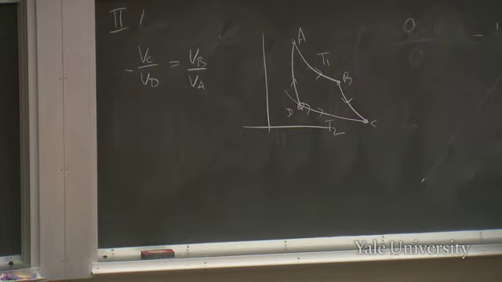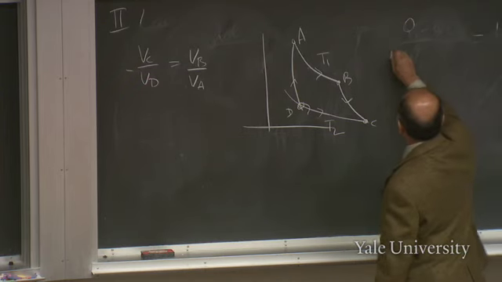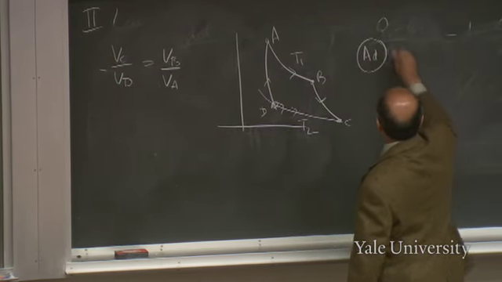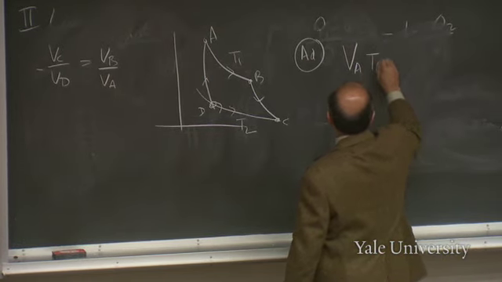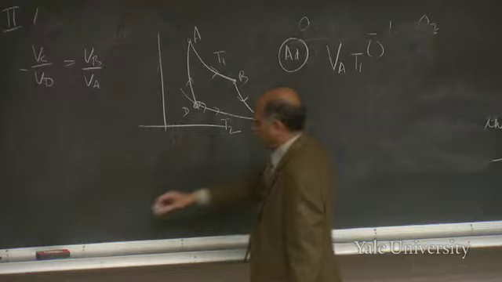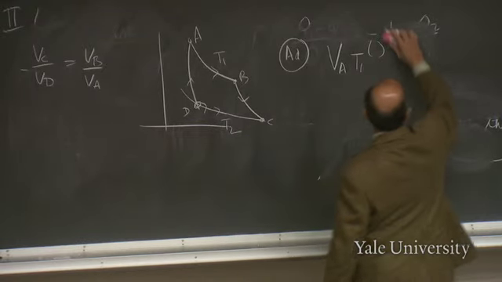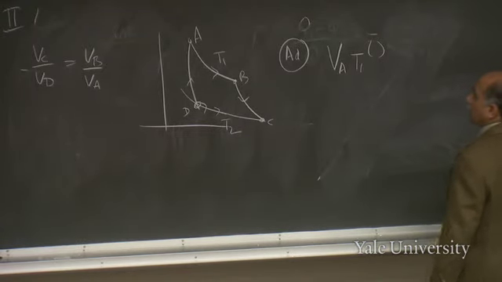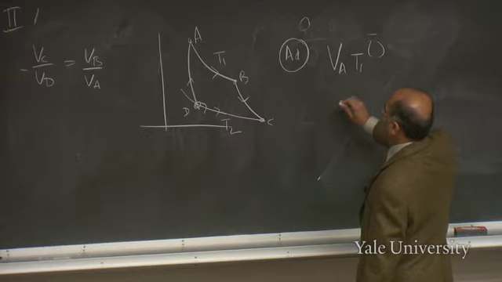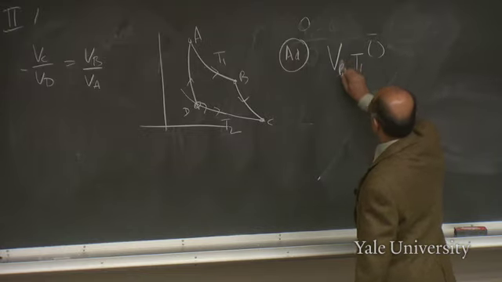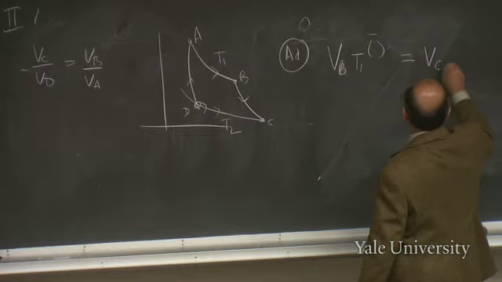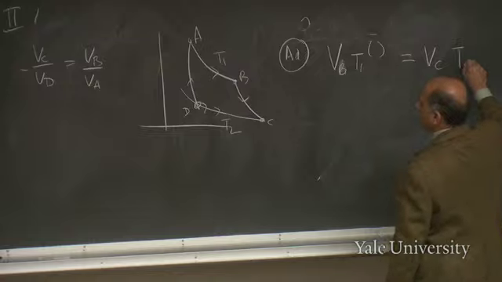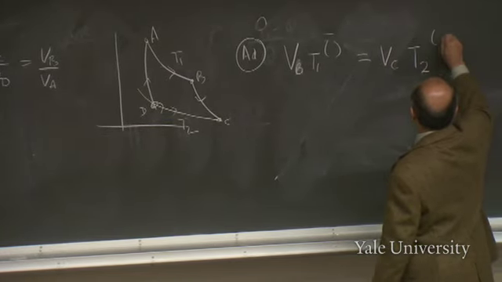Now, somewhere in your notes is the formula that in an adiabatic process, volume A times temperature 1 to some strange power, I don't care what the power is, it's not going to matter, it's the same, volume B times temperature to some power is the same as volume C, the same temperature T2 to some power.